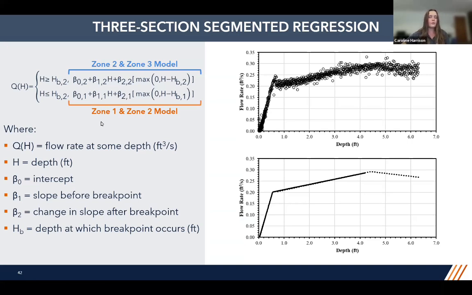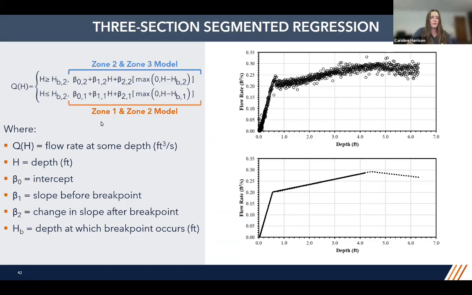So what we did to start was we created our zone 1 and zone 2 model, and then from there created a zone 2 and zone 3 model, and those models were then overlaid to verify the continuity. And so in this chart here, the bottom graph, that solid line represents the zone 1 and zone 2 model, and the dotted line reflects the zone 2 and zone 3 model.